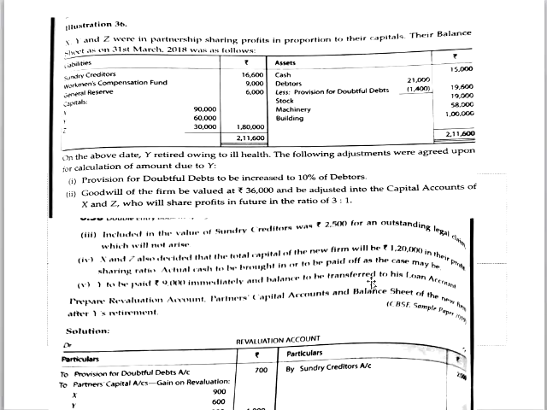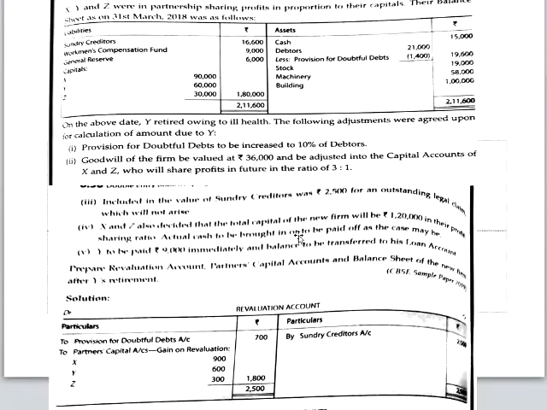The new capital is already given, and see here Y is to be paid 9,000. How is the settlement done to Y? Immediately 9,000 is paid in cash and the balance is transferred to his loan account. So this pattern of question was already asked in the CBSE exam. So just see the solution.